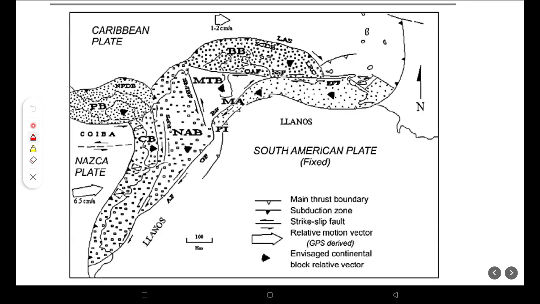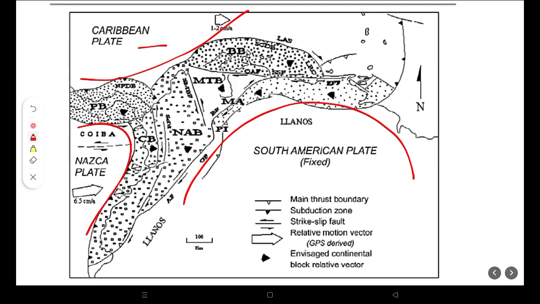So this is the tectonic structure, as I have told. This is the South American plate, this is the Caribbean plate, and this is the Nazca plate. The Caribbean plate is moving 1 to 2 centimeters as shown here, and this Nazca plate is also moving 6.5 centimeters per annum, also eastward.